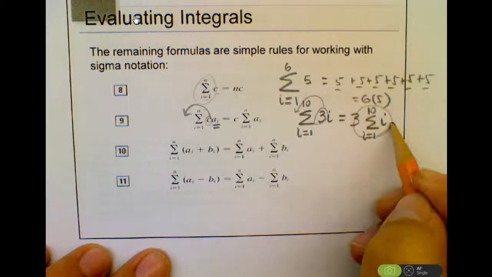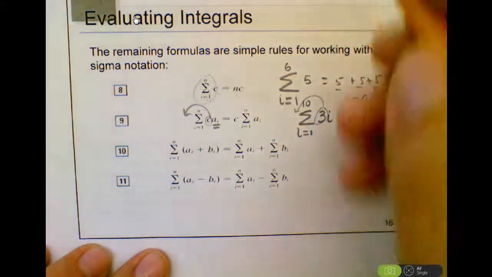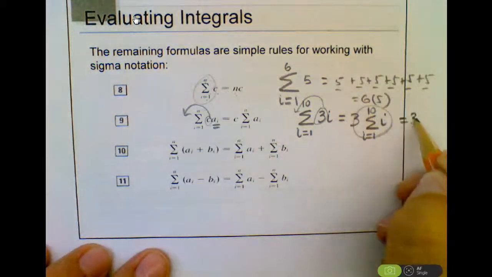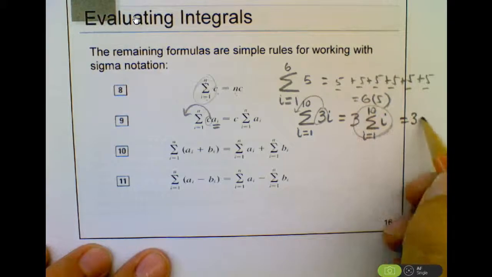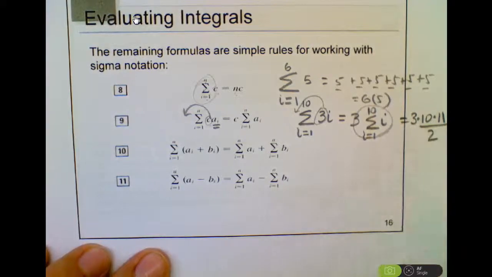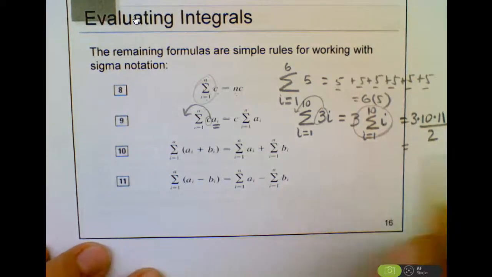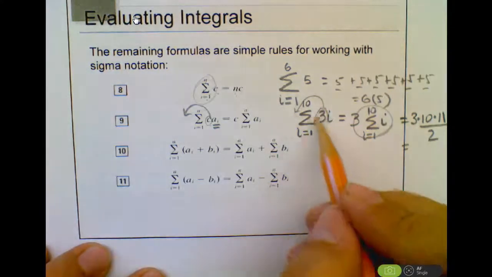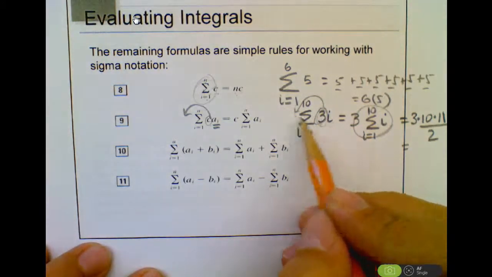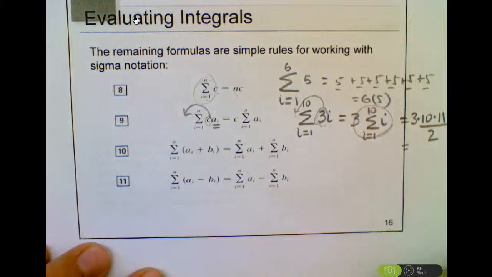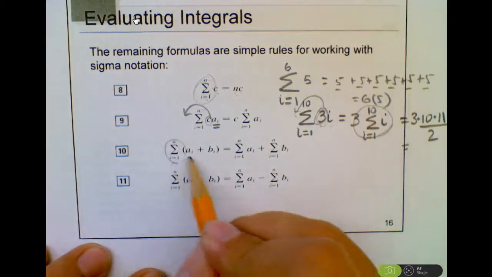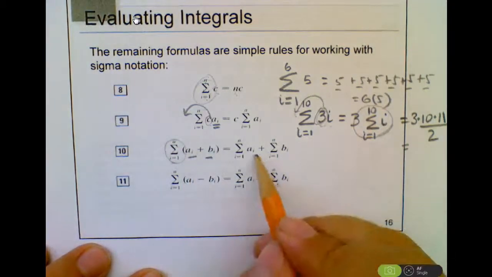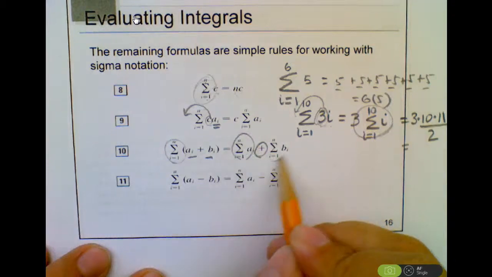And I know that by formula that is, if I'm going up to 10, it would be 10 times the next number, which is 11, over 2. And that is, well, God knows what it is, but it's not important. But this is the point, that we can take out any constant that is multiplying the number outside of the summation sign.